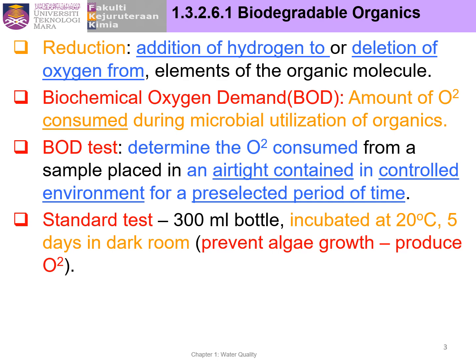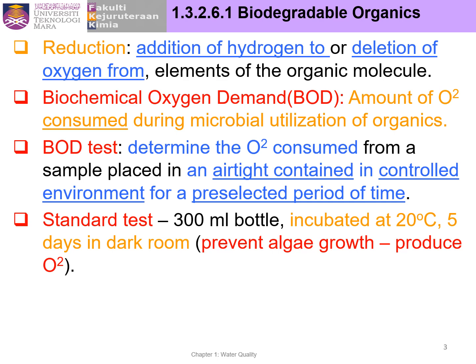Usually we run it in a controlled environment. The temperature used is 20 degrees C in the incubator, and we put it in a dark room in the incubator for 5 days. The purpose of the dark room is to prevent algae growth, because when we have algae growth, the consequence is that it would produce oxygen.